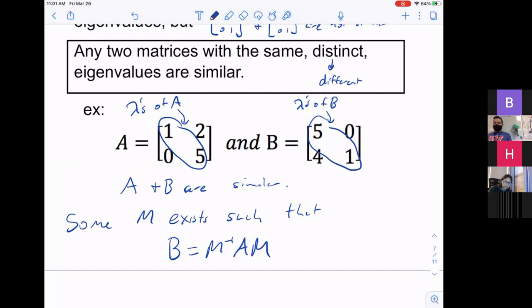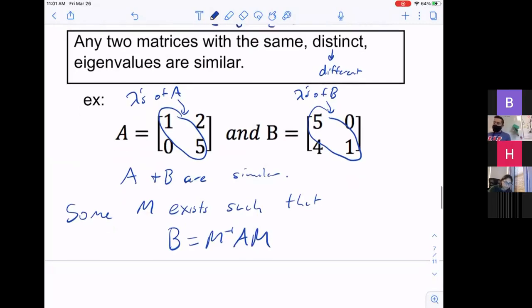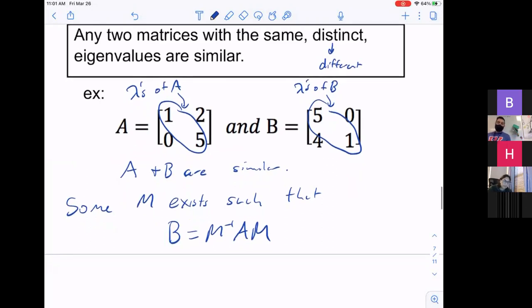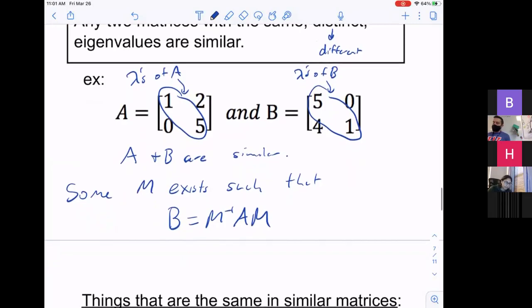But again, usually we're not super interested in what M is. We usually have the M already, or we know a specific M we want to use to make the result that we're looking for. So we aren't solving for M. We're generally more interested in, are the matrices similar? So there's one way to figure that out.